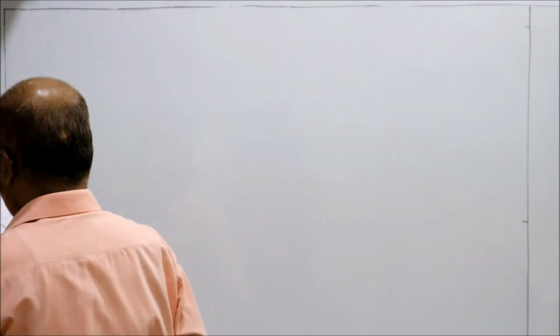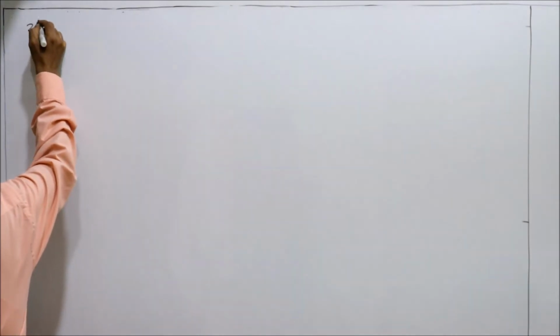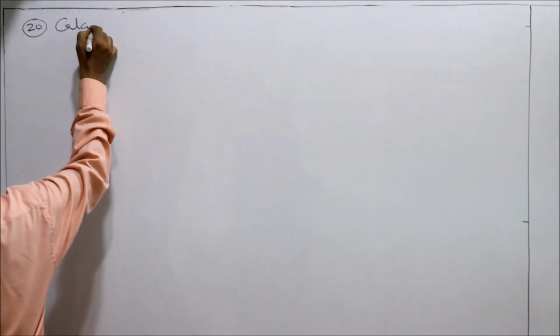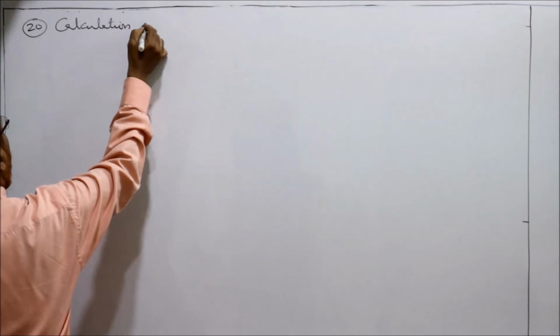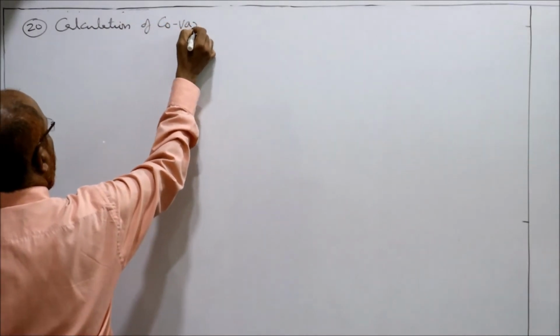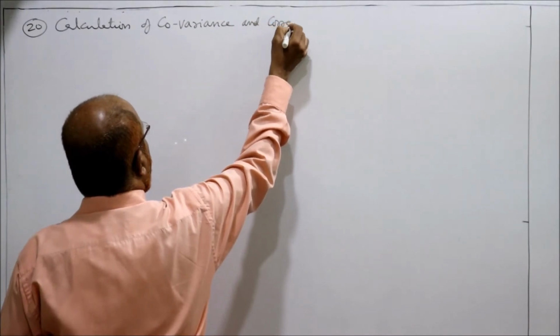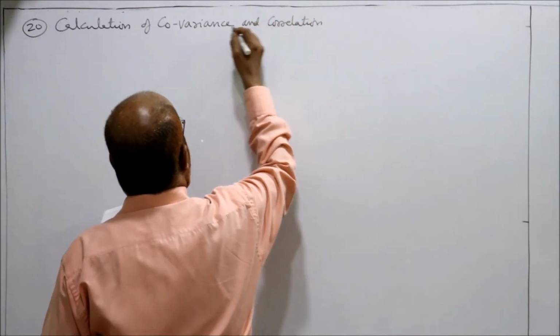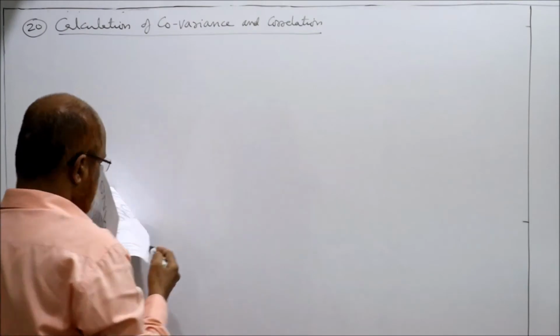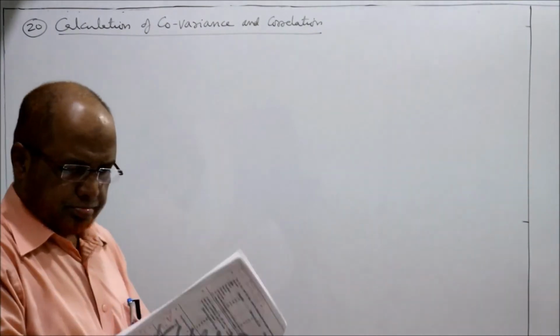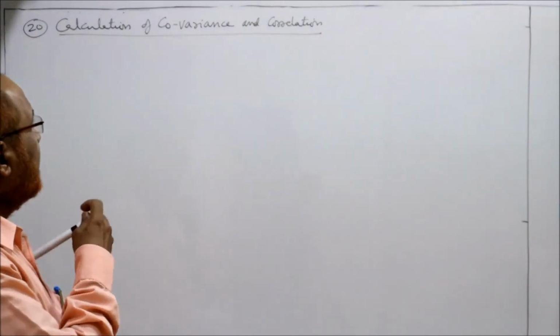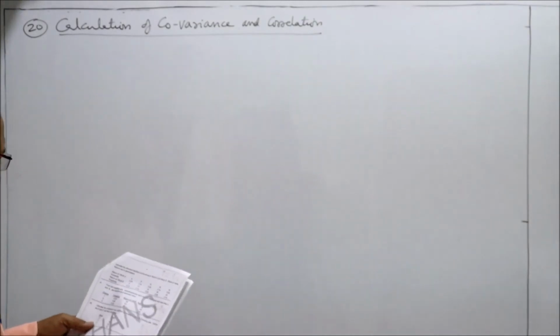Now 20th problem. Calculation of covariance and correlation.